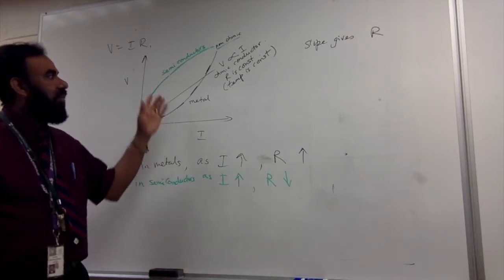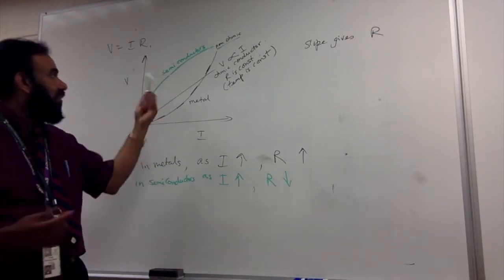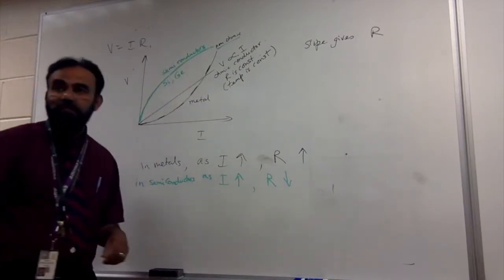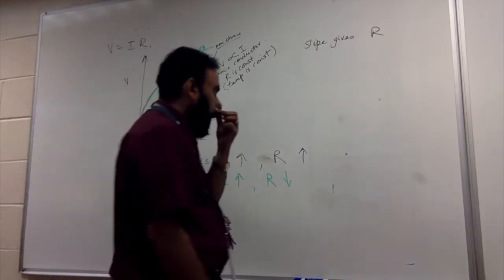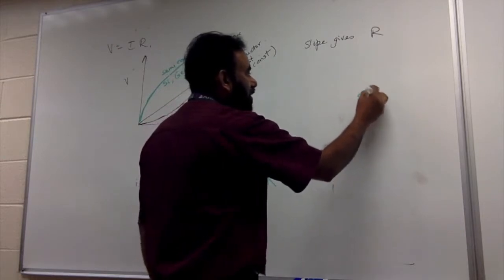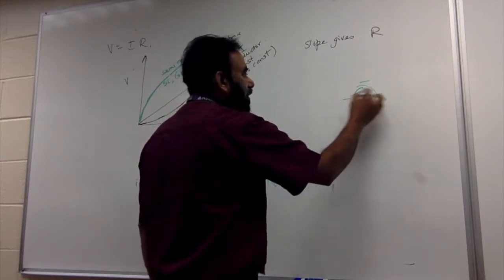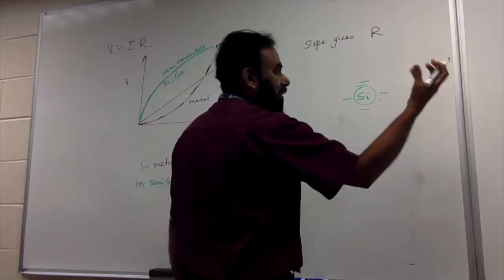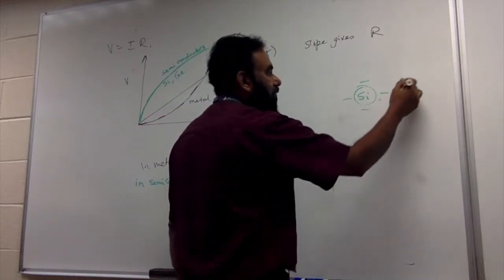Anyway, what is a semiconductor or what is silicon? Silicon and germanium are some of the examples. If you take a pure silicon crystal, each atom has 4 valence electrons. I mean this is just one atom.